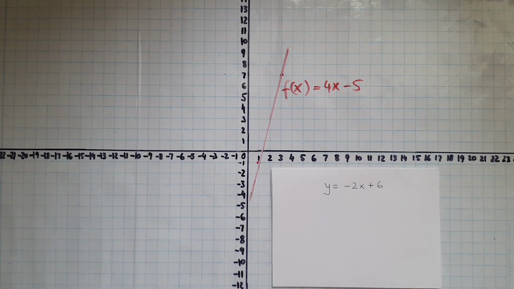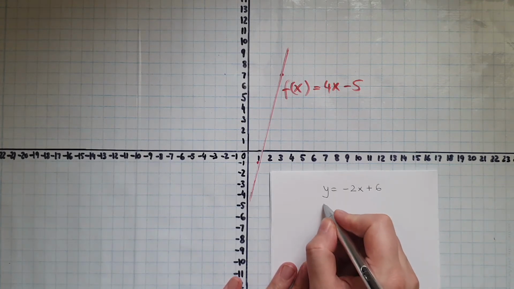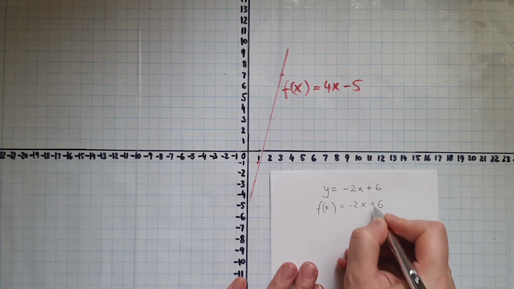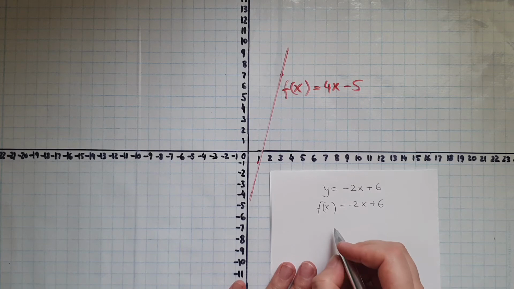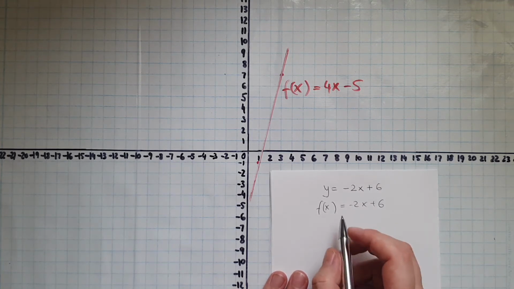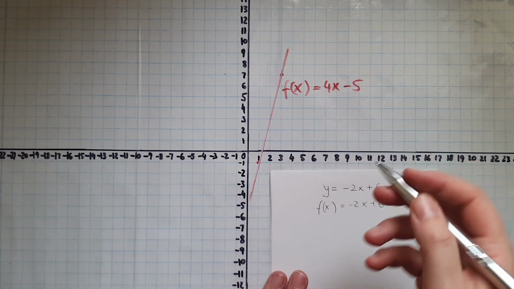y is equal to -2x plus 6. So let's find two values for when x is equal to 1 and 3, just like before.